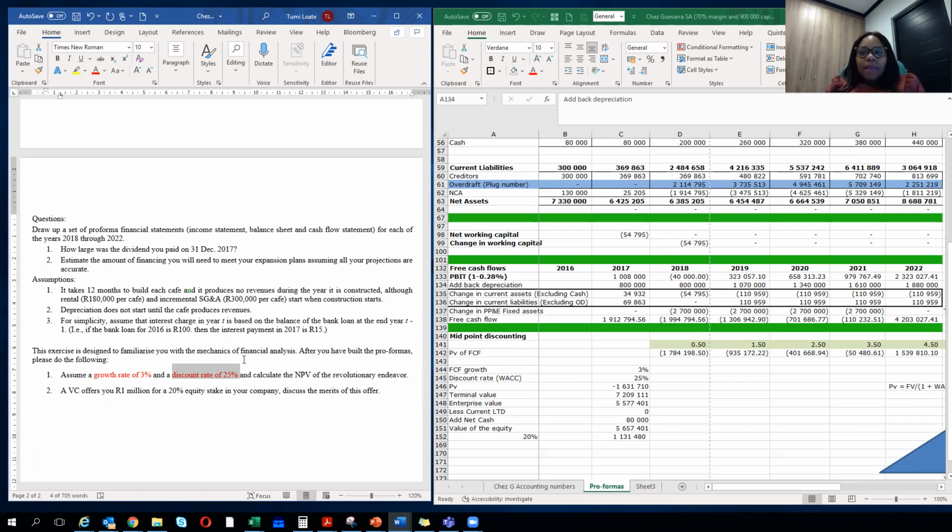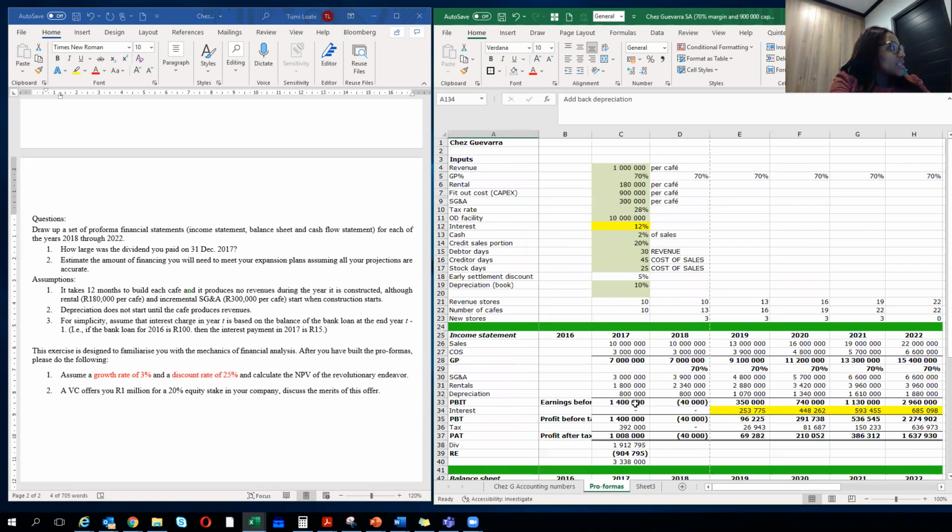If you look at the income statement, you'll remember that it contains items that relate to non-cash items. If you go back to your income statement and look at your calculation under profit before interest and tax, you're including a depreciation calculation.